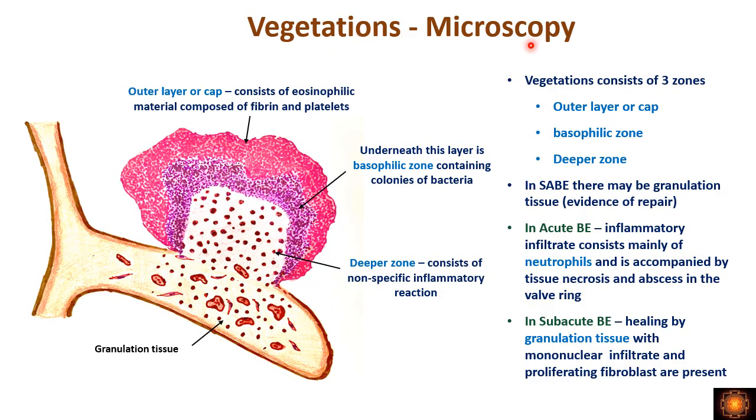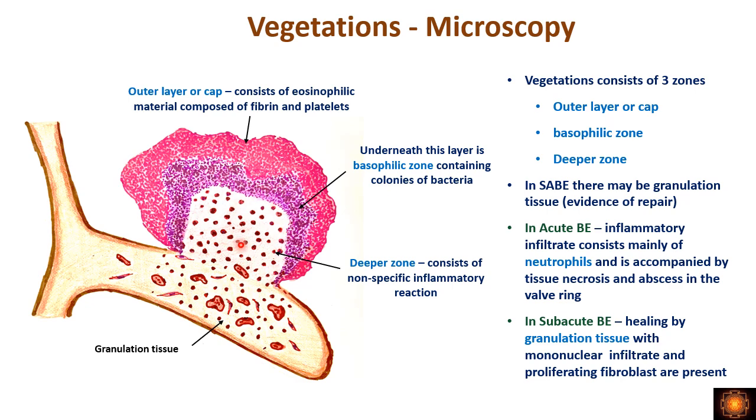Now coming to the microscopy of the vegetations, we have three zones. The outermost zone, the outer layer or cap, is more eosinophilic. It contains fibrinous material and platelets, whereas the second layer is more basophilic. It consists of bacterial colonies, and the third layer consists of inflammatory cells.